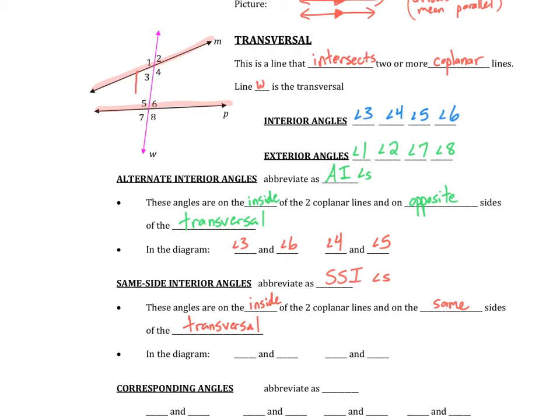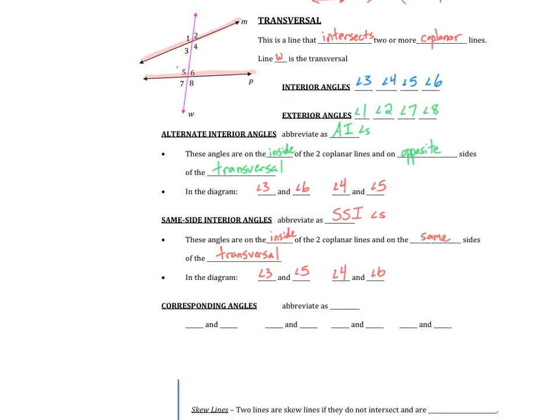So inside, same side, angle 3 and angle 5. Another pair of inside, same side will be angle 4 and angle 6. So 3 and 5, 4 and 6 would be same side interior.